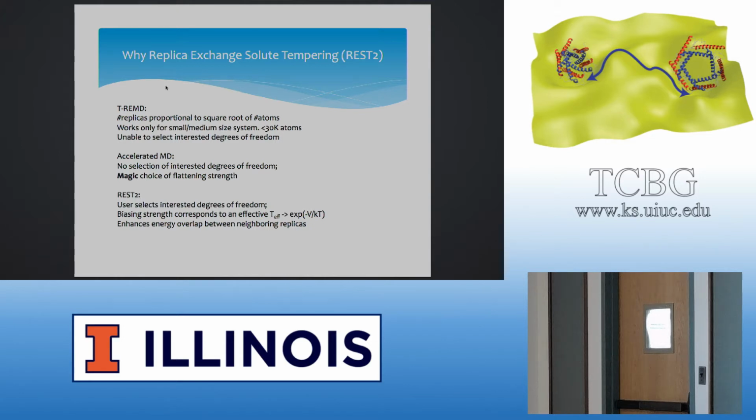Okay, this is the definition of effective temperature in REST2, because this is the Boltzmann distribution. In temperature exchange, we just rescale the real temperature. But in REST2, we keep the temperature fixed, but we only rescale the potential energy. So mathematically, rescaling the numerator and denominator, they are equivalent.